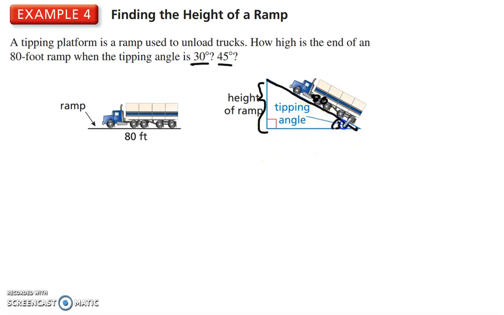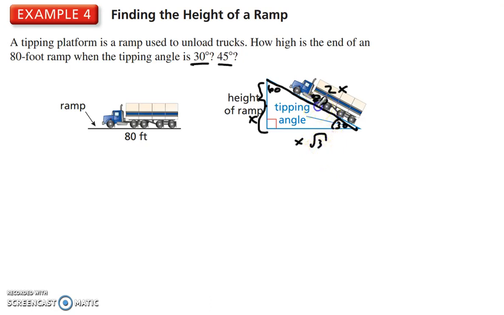So if that's 30, this is the shorter leg. So in the 30-60-90, I'm going to make this 60. Remember, we have x, we have 2x, and we have x radical 3.